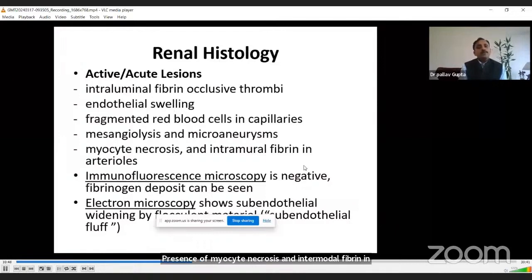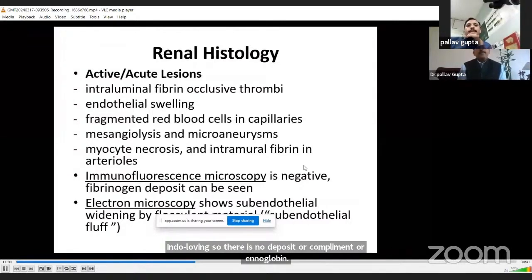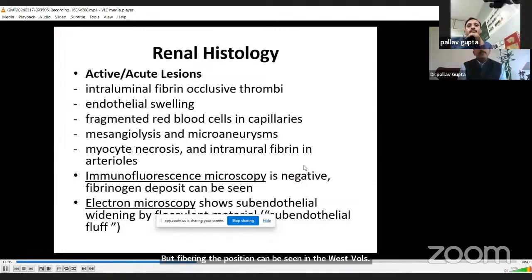On immunofluorescence, complement and immunoglobulin are negative, so there is no deposit of complement or immunoglobulin, but fibrin deposition can be seen in the vessel walls. On electron microscopy, we can see subendothelial widening by flocculent material, what we call subendothelial fluff.